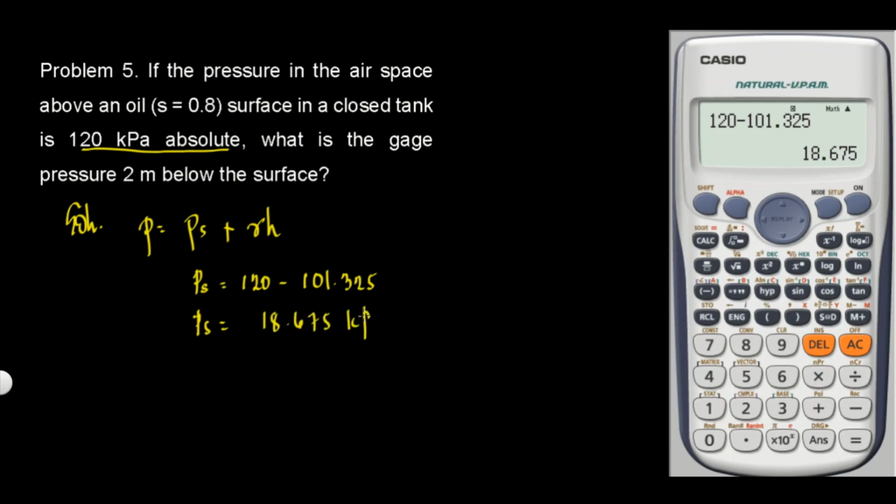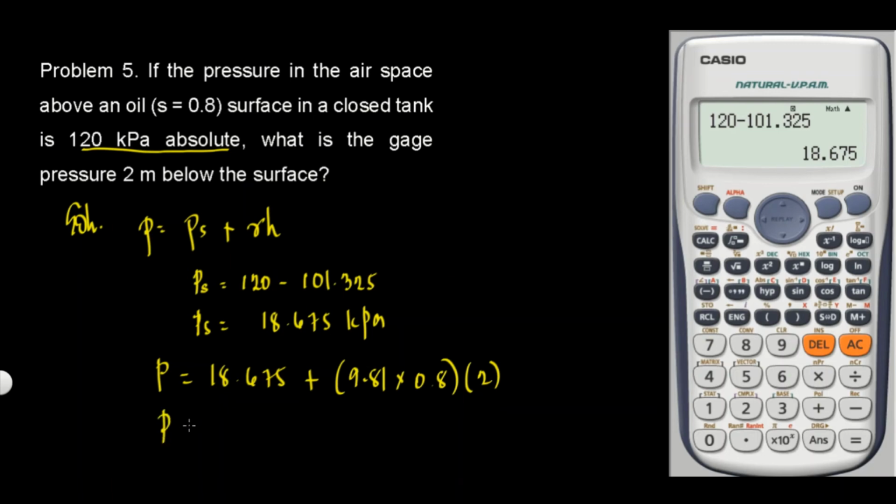kPa. Then, you're ready to solve the gauge pressure 2 meter below the surface. So we have 18.675 plus gamma H. So 9.81 times oil, 0.8, times the height of 2.